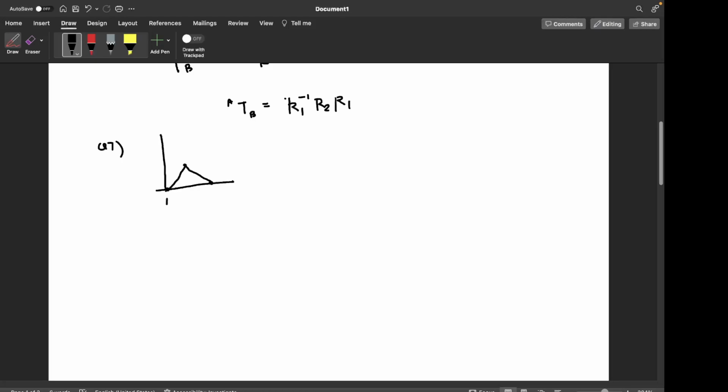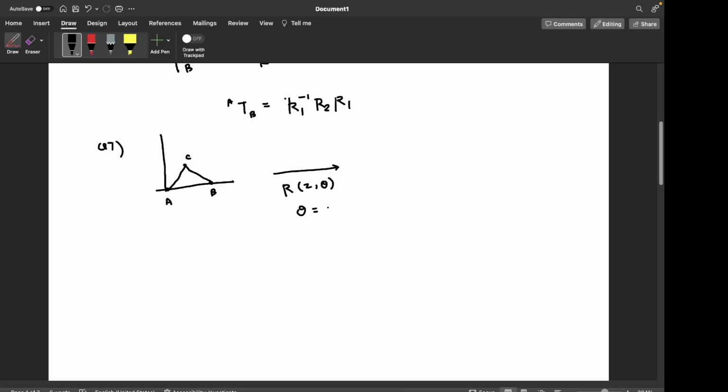This is A, this is B, and this is C. Now this is being rotated about the z-axis, which is perpendicular to this plane, and we keep A fixed, so the axis will pass through the vertex A. The rotation matrix will be rotation about z by an angle theta, and theta here is 45 degrees in the clockwise direction.